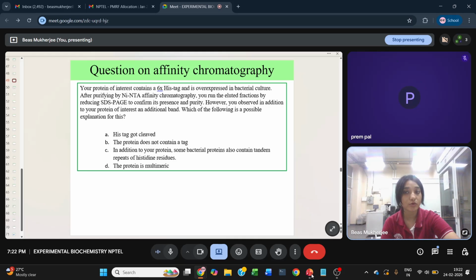Which of the following is possible explanation for this? Right, so his tag got cleaved. The protein does not contain a tag. In addition to your protein, some bacterial protein may also contain tandem repeats of histidine residues, and the protein is multimeric. So after Ni-NTA, you are seeing bands in SDS PAGE. What would be the conclusion?